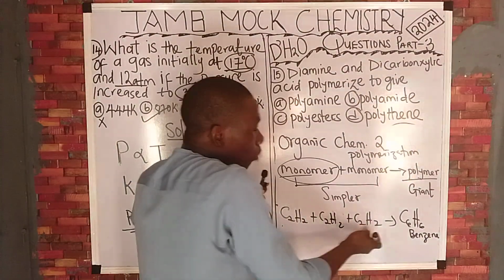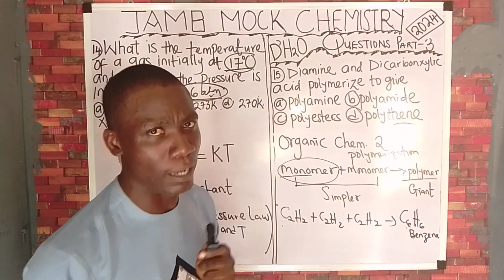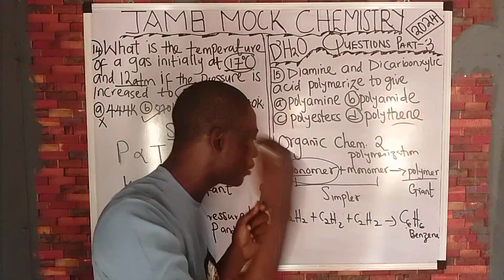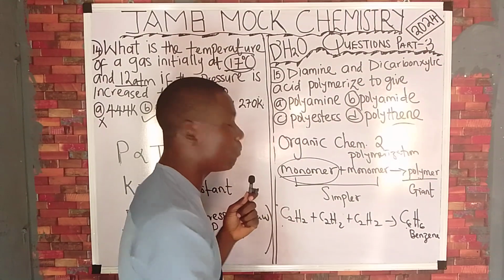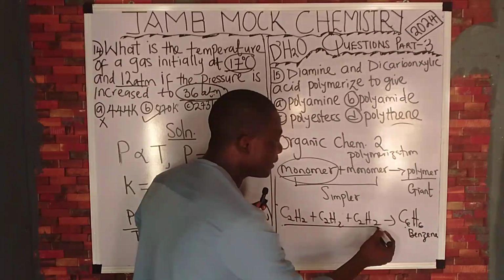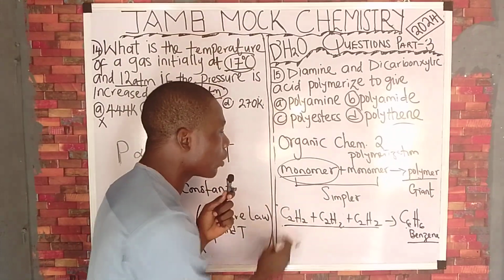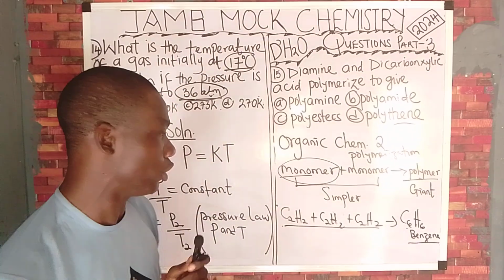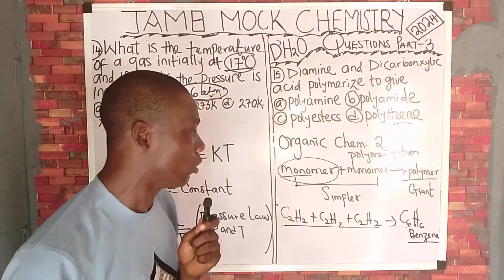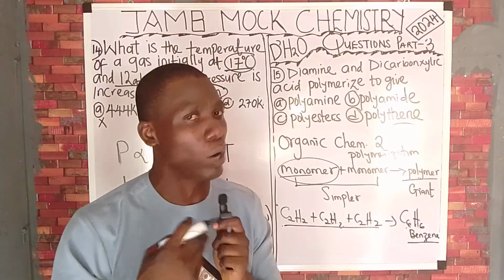These are monomers, while this one is a polymer. You can combine ethene to give you polythene, and you can combine ethyne to give you benzene. This is what we call addition polymerization. In addition polymerization, there is no elimination of any molecule like water or ammonia.